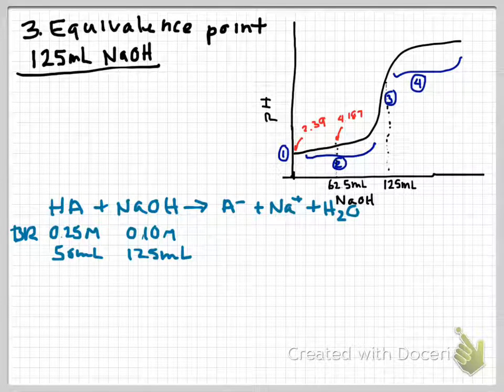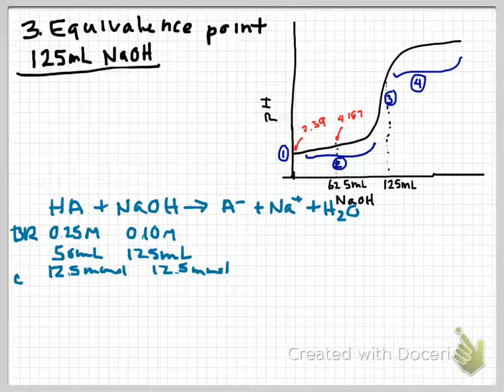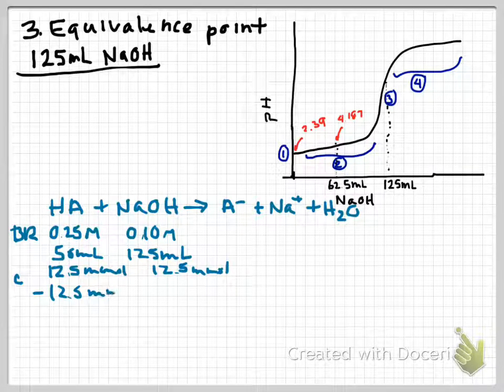If the problem just directly asked for the pH at the equivalence point, you would have to go through the exercise to figure out the volume at the equivalence point first, like we did on the previous slide. Our change. So this is 12.5 millimoles. No limiting reactant here. So my change is minus 12.5 millimole.